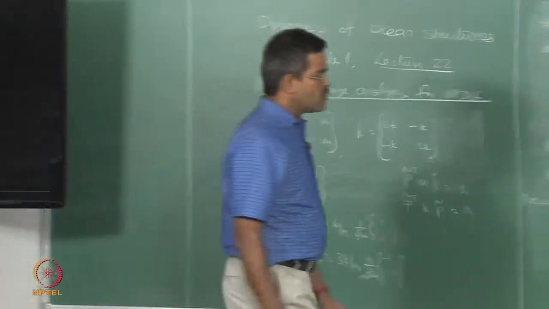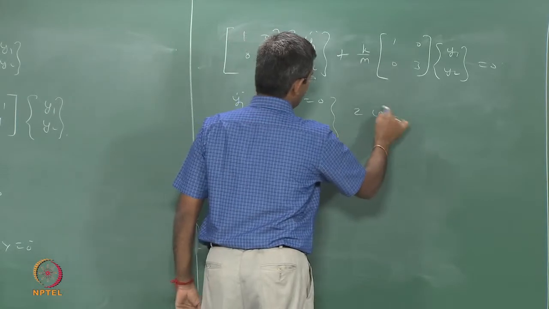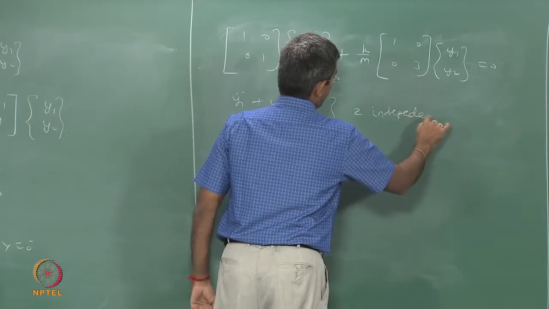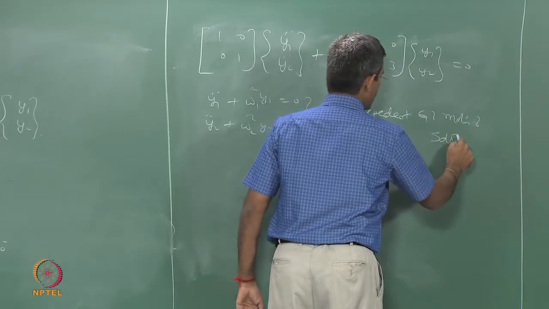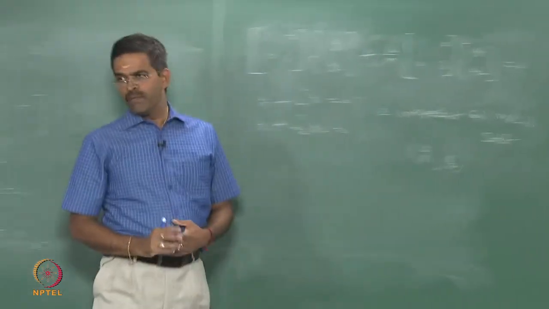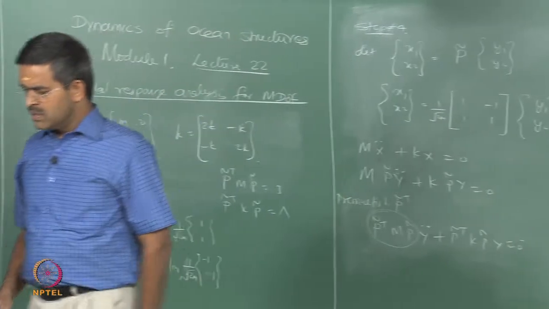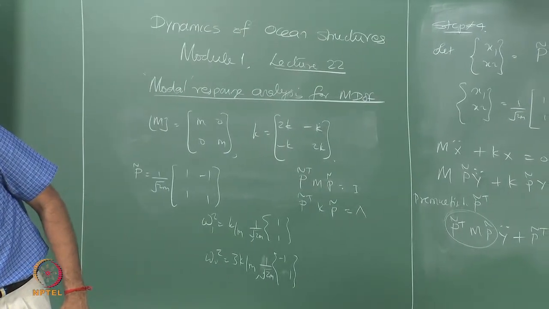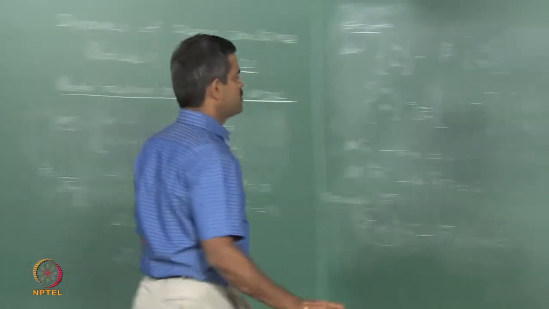So, now I already know these are two independent equations of motion of a single degree freedom system in y1 and y2 respectively. So, I can solve them. I already know the solution for single degree freedom system in y1. I write it in general.